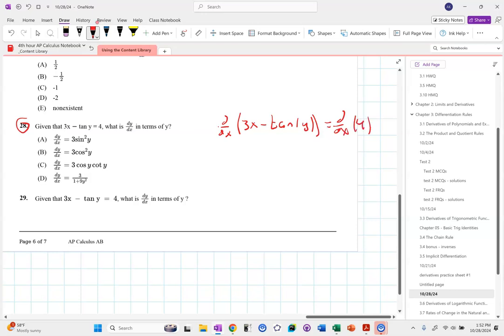The derivative of 3x with respect to x is 3. The derivative of tangent y with respect to x is secant squared y times dy dx.